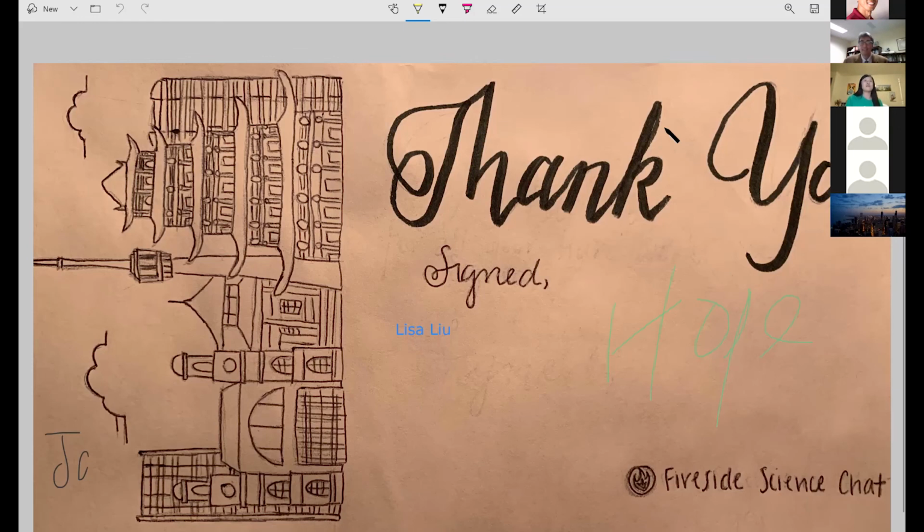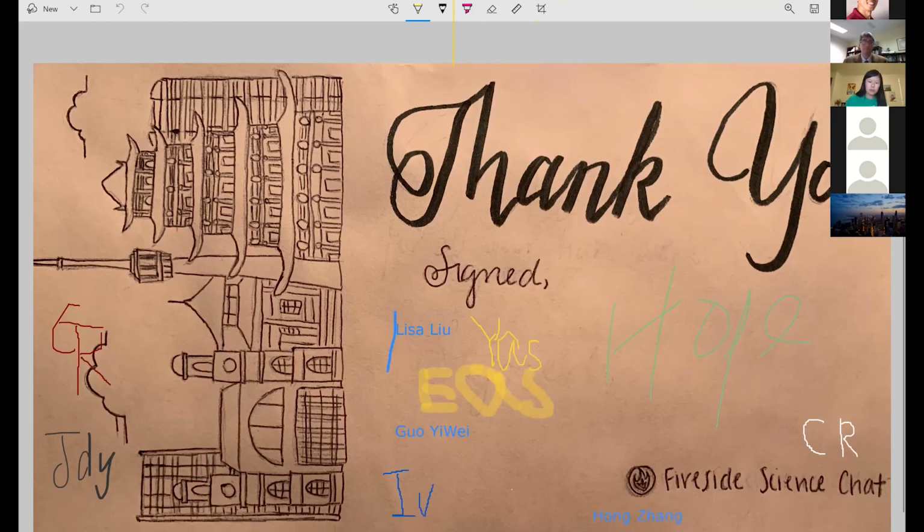Okay. So the building on the left is the landmark building, like Huanghelou of Wuhan, right? And then also on the bottom right, there's like this fire logo, right? Yeah, and then there's just the thank you card she designed. And so I would like to ask everyone to sign it using the annotate function. It's in the picture of a pen.